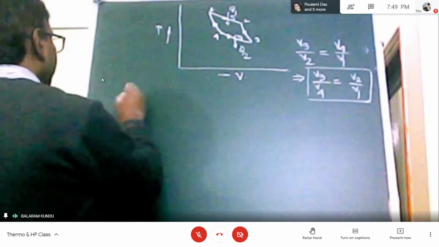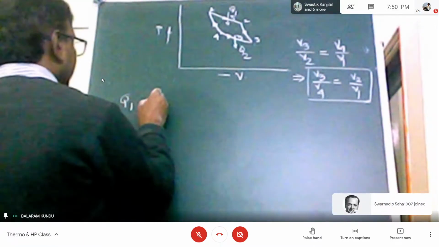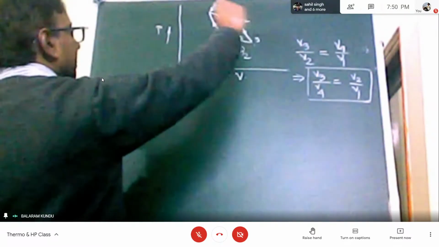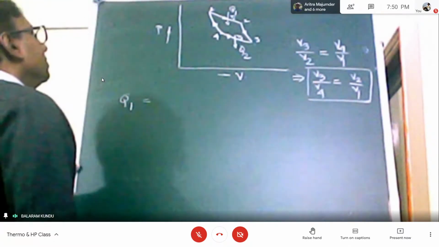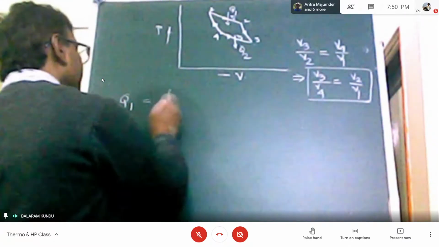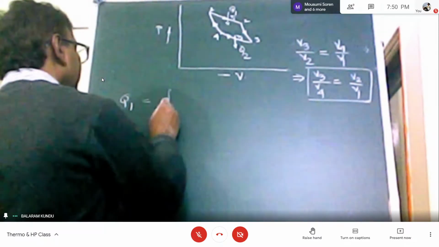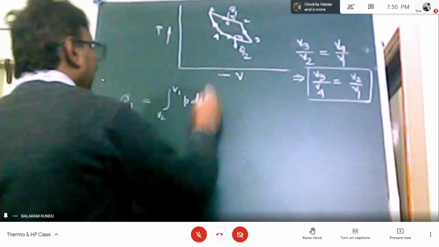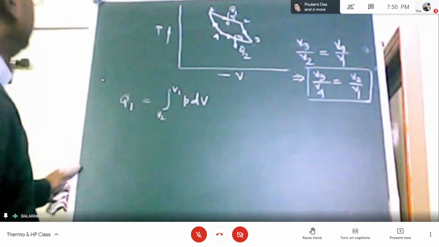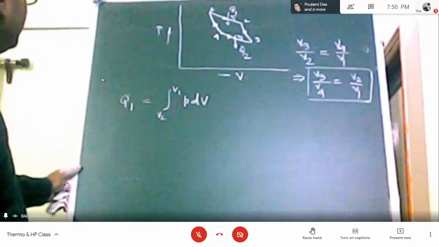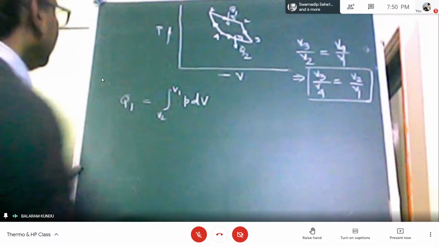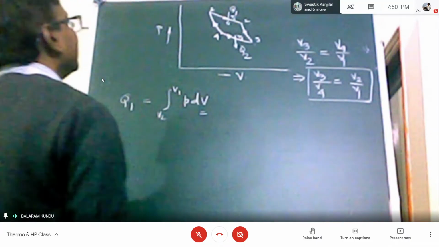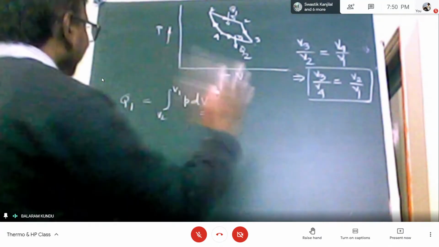The change in internal energy dU is equal to 0, and it is a PdV work, from V1 to V2 of PdV, and P equals nRT, the constant term, RT by V. Already this mathematical expression has been derived, but I have forgotten the expression.